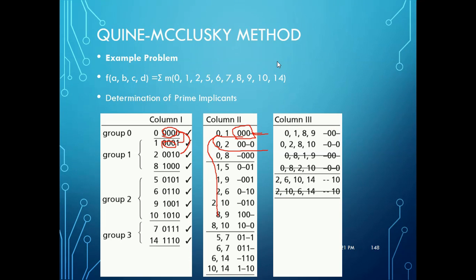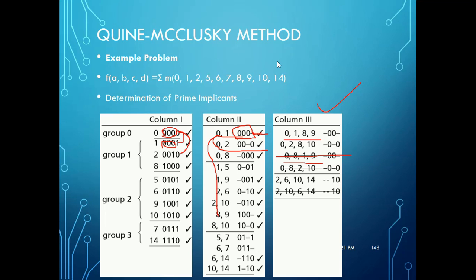So here, after doing stage 3, we are now in stage 3. 0189 is the same as writing 0819, so I am going to strike out one redundant value here.